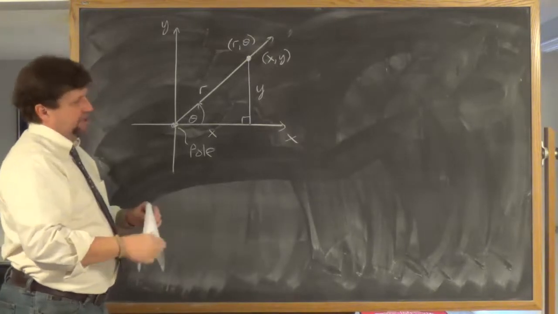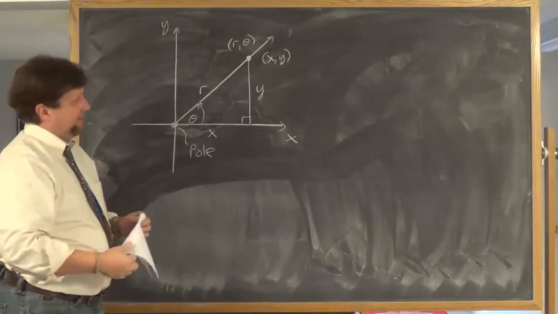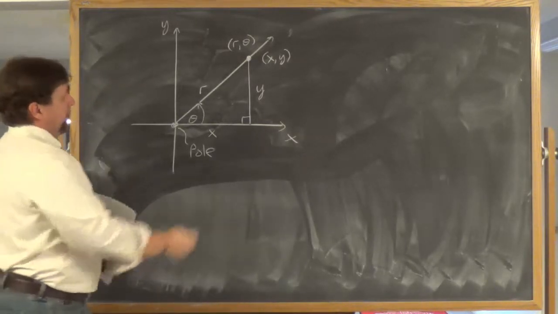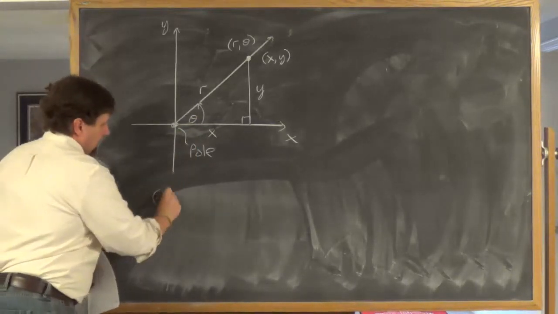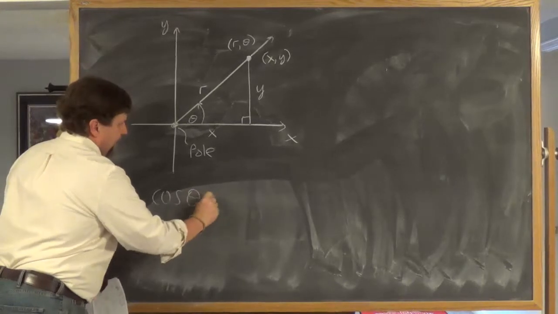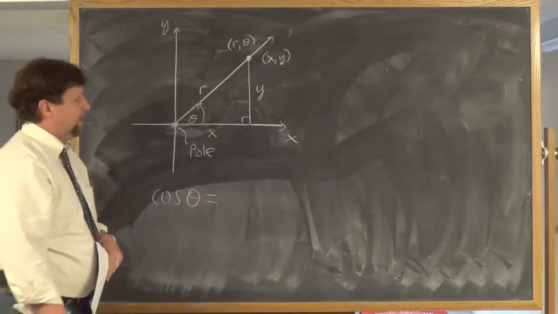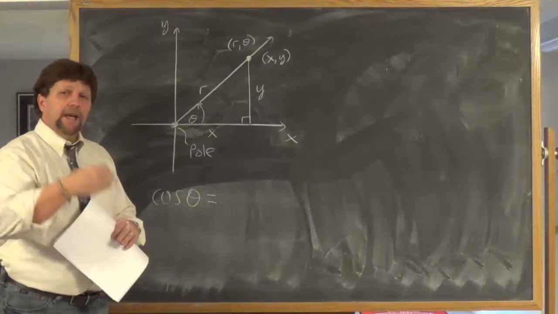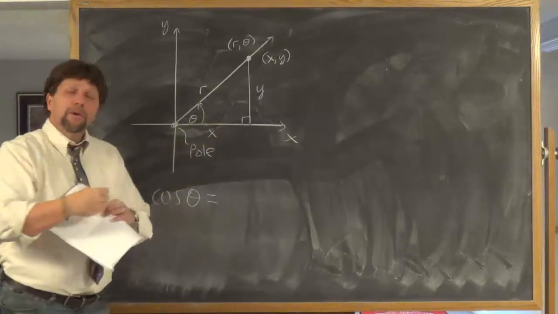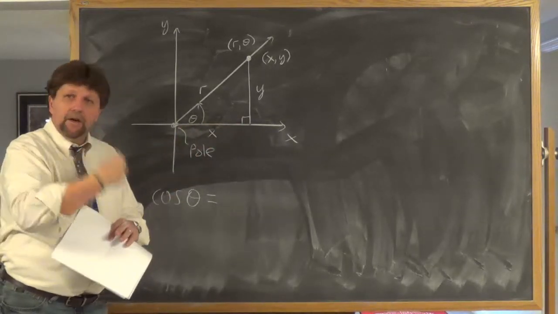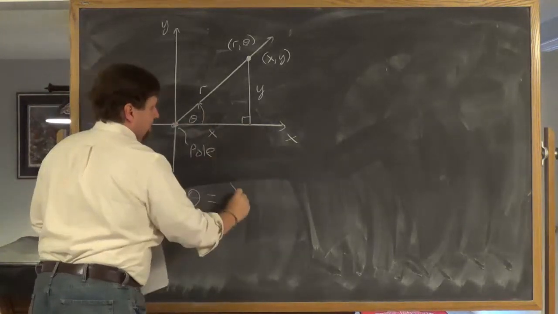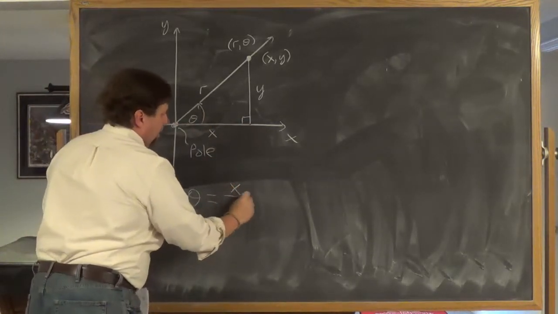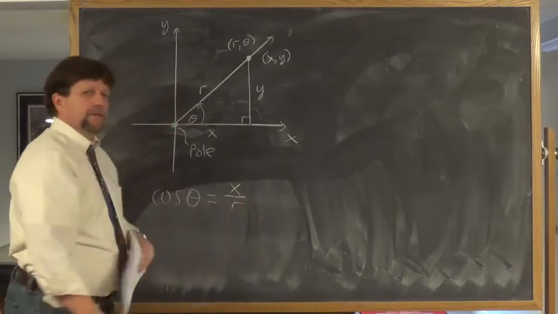So now we can just use a little bit of our knowledge of trig. For example, look at this angle. I'm going to go back to right triangle trig. The cosine of theta, the cosine of that angle theta. Well, we know cosine is adjacent over hypotenuse. So here's theta, x is the adjacent side, r is the hypotenuse.